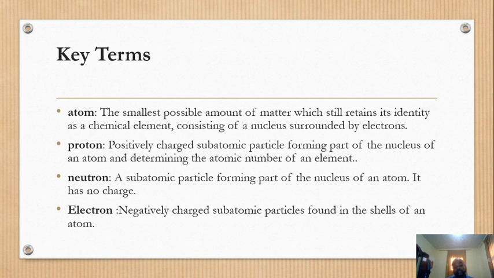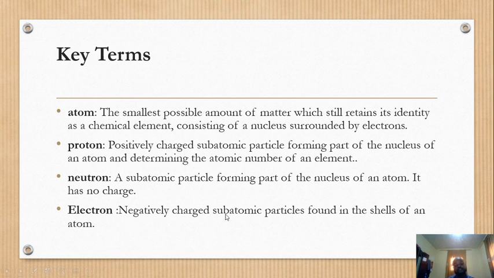It has another name, the atomic number, right? A neutron is a subatomic particle forming part of the nucleus. As I've said, in the nucleus we have proton and neutron. It has no charge.